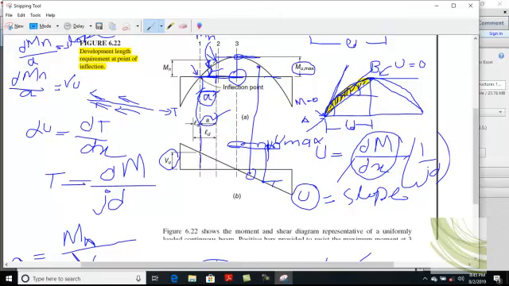Because you see that the moment at this point of inflection comes to be 0, and the line tangential to the actual moment diagram envelops the actual moment diagram. Its slope is maximum as compared to the actual moment diagram. So therefore you can say we are on the safe side.